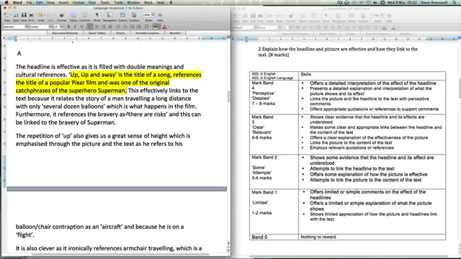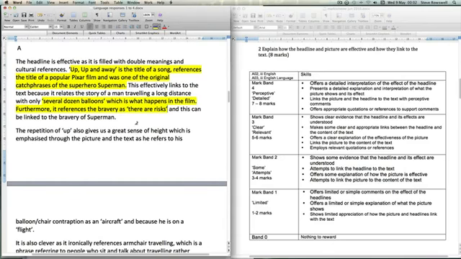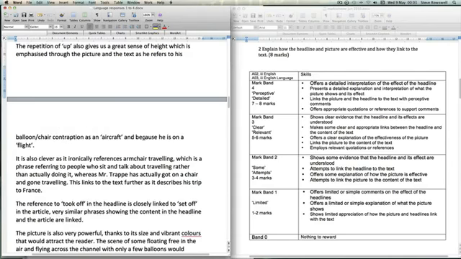This shows a much greater understanding and sophistication in the response. There are detailed interpretations and perceptive comments, well supported by embedded quotations. This is a sophisticated response and actually shows that the candidate is very much in control of their material.